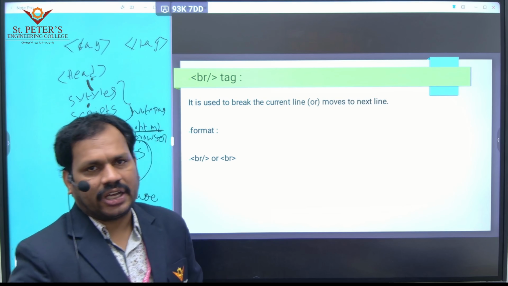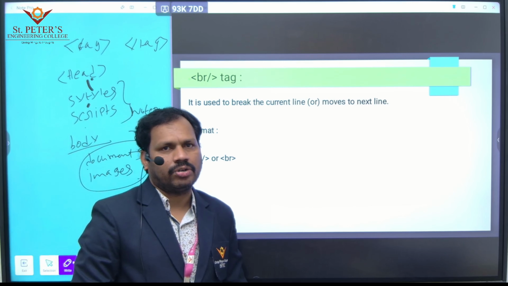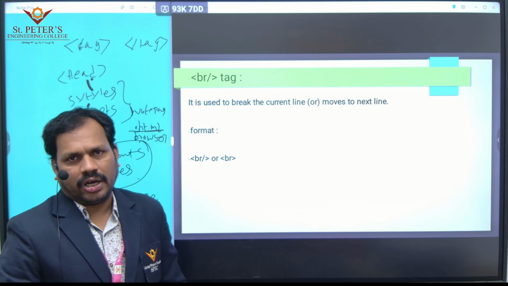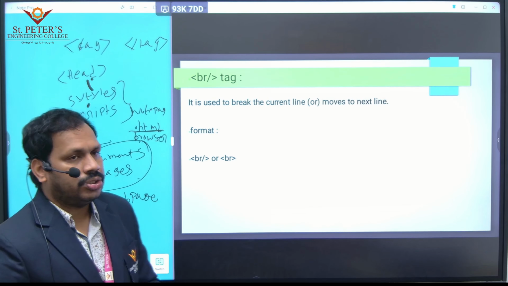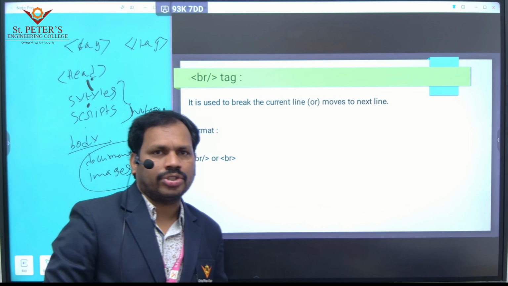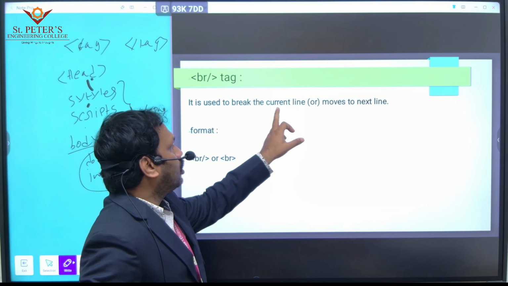And the BR tag. The BR tag is one of the formatting tags we use in web pages or HTML. It is an auto close tag. It is used as a break to the current line.